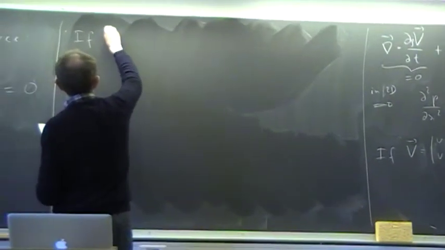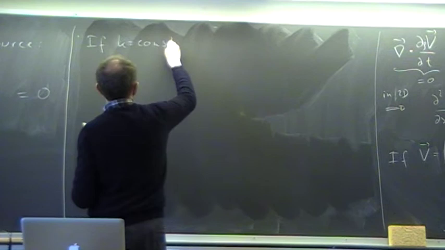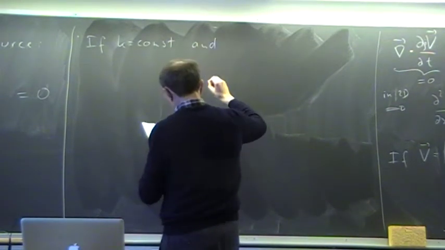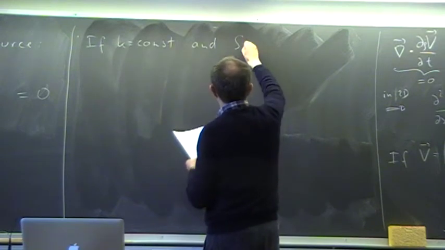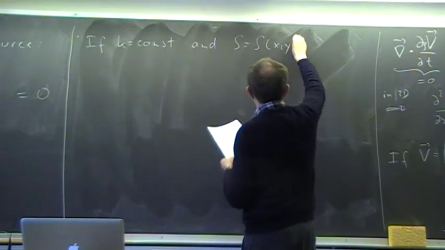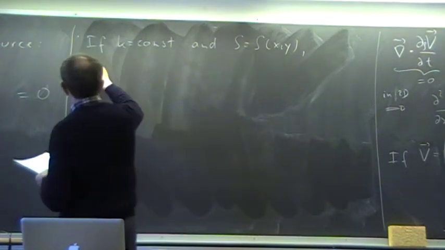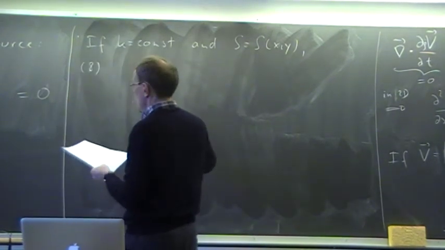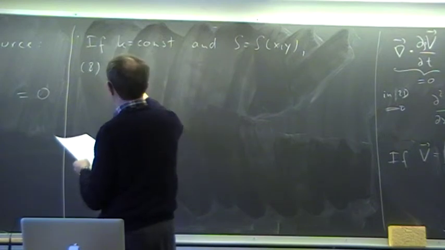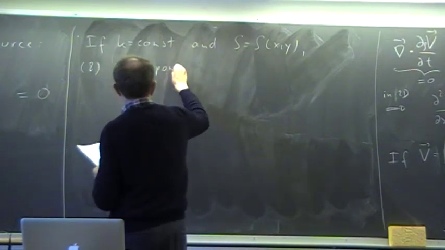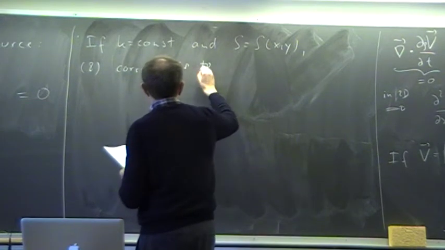So if the thermal conductivity is constant, and the source term is only a function of x and y, then the steady heat equation with heat source corresponds to the Poisson equation.